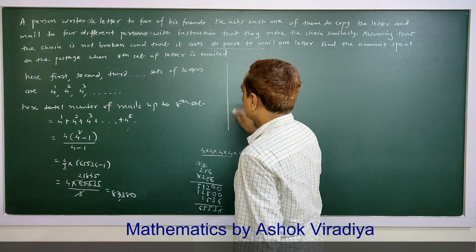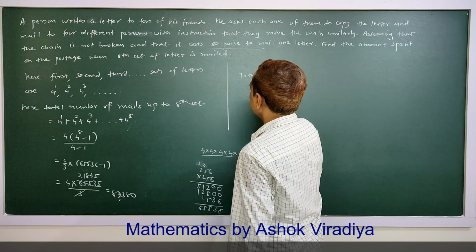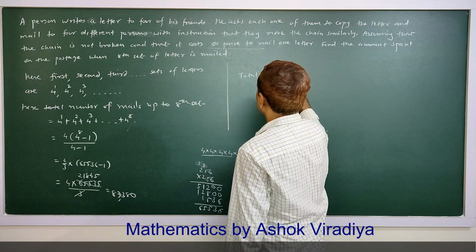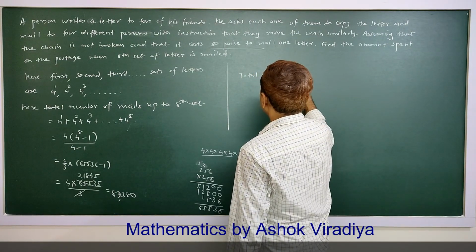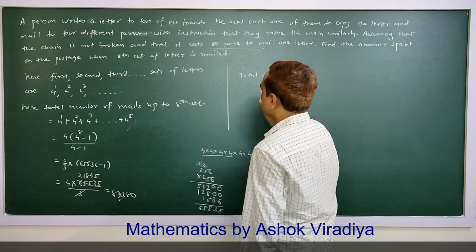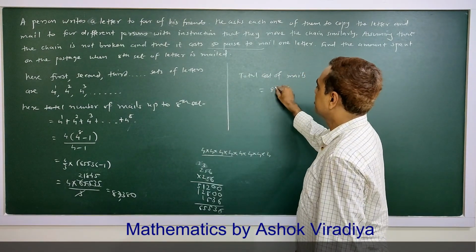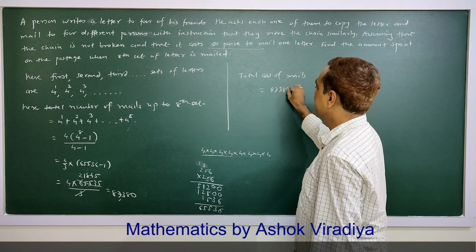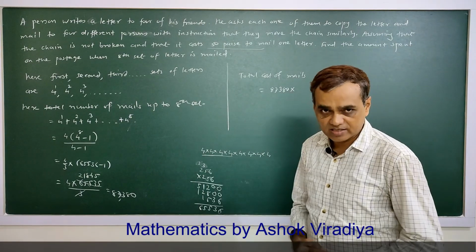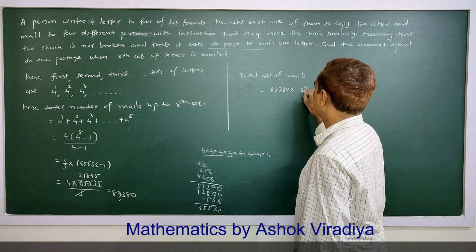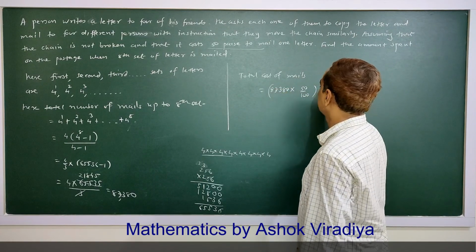So the total cost of mails is equal to 87380 into 50 paisa. 50 paisa, that is 50 by 100 rupees.